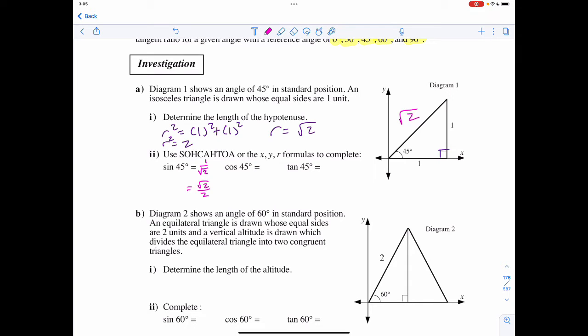Now my cosine would also have an adjacent, which is still 1, over the hypotenuse, square root of 2. So it's still going to be root 2 over 2. Tan of 45 we should know, because it's what we usually use to check and see if our calculator is actually in degree mode. It's just 1 over 1, and tan 45 is just 1.